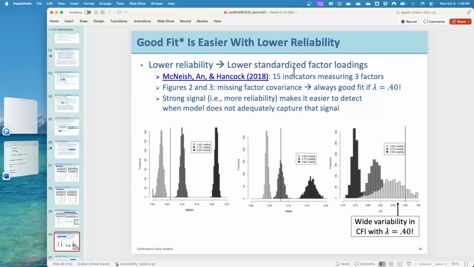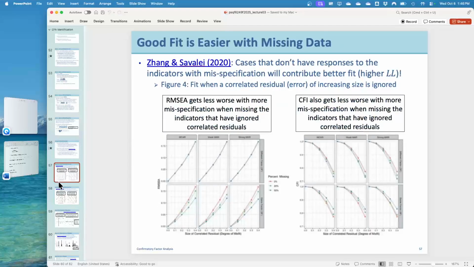If we don't have a lot of information in our data, so reliability being low being one of those cases, not a lot of items being there, not a lot of indicators, not a lot of observed variables, or more missing data, all of that is an indication that we have less signal in our data.